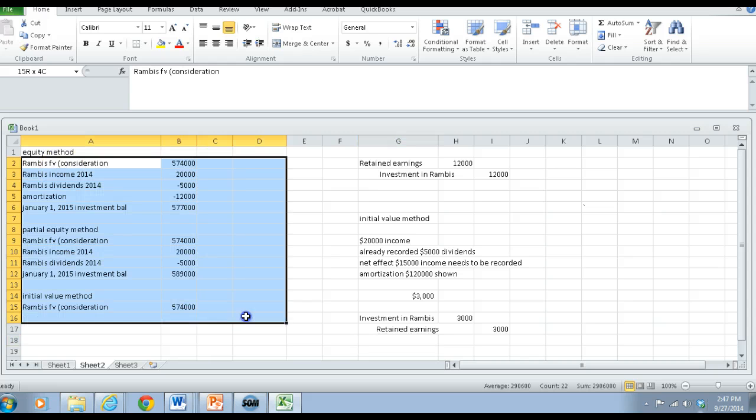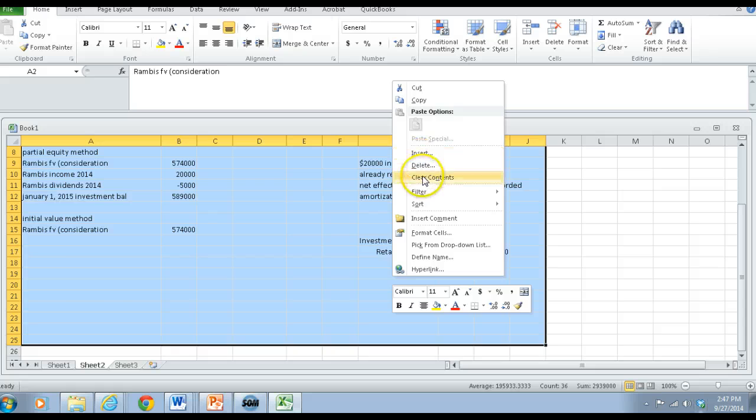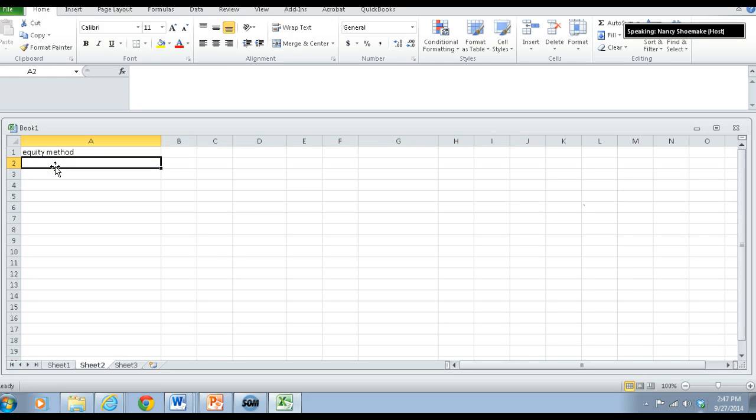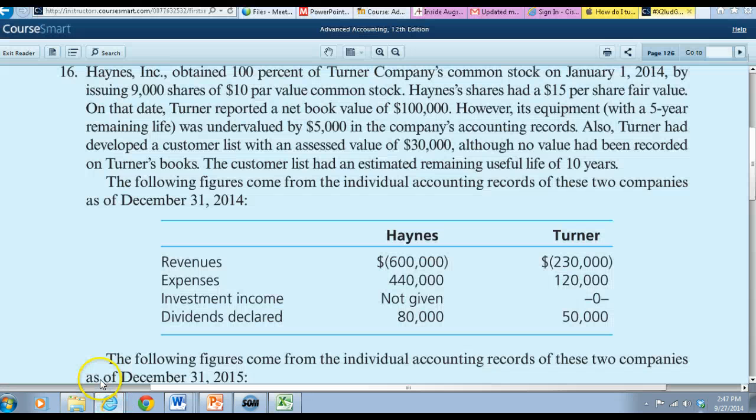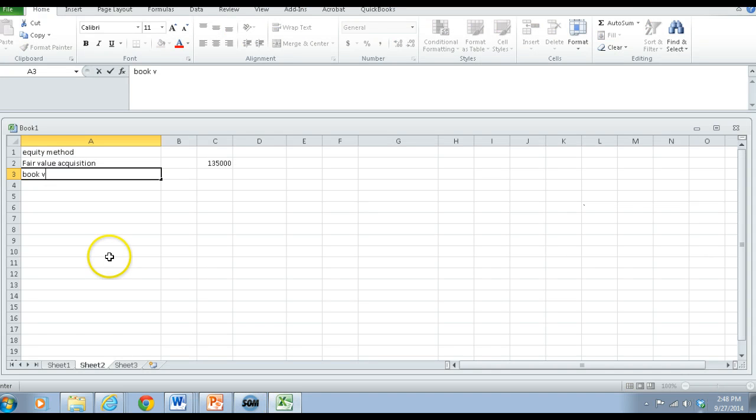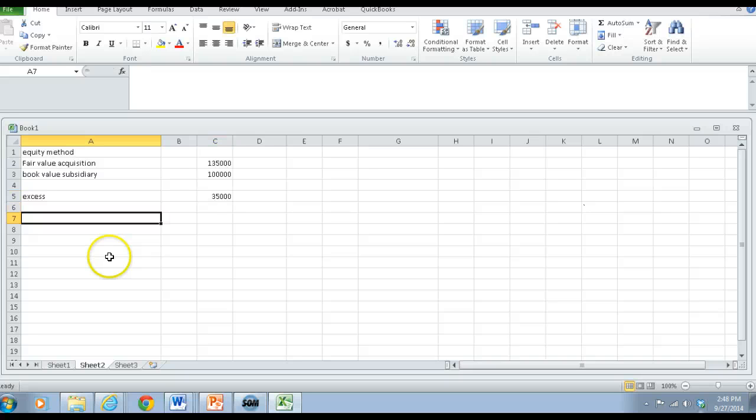We'll start by showing the fair value of the acquisition was $135,000. It told us the book value was $100,000, so we show the book value of the subsidiary of $100,000. The excess of $35,000 is what we have remaining.